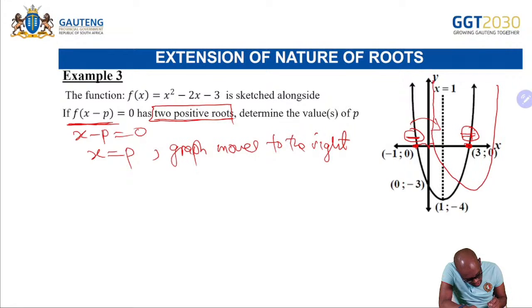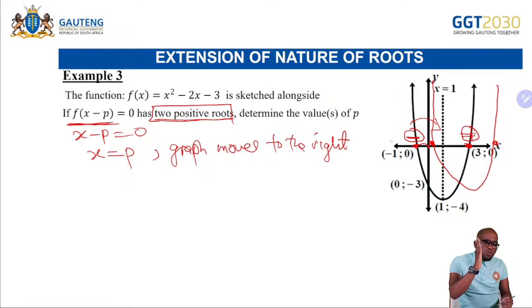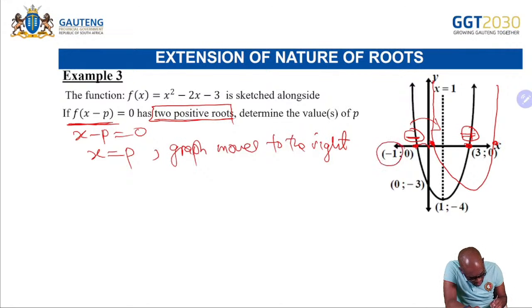When the graph is here, when you've moved horizontally like that, both the roots are now going to be positive. So if we move the negative arm to the right, it will then have two positive roots. So we want to move from -1 to a value on the positive x-axis.